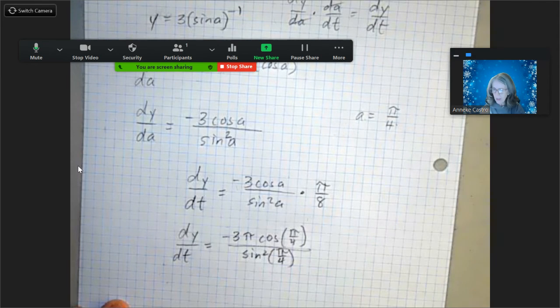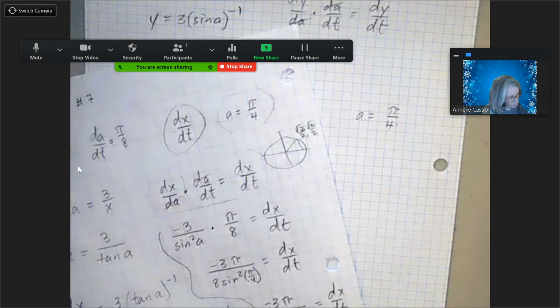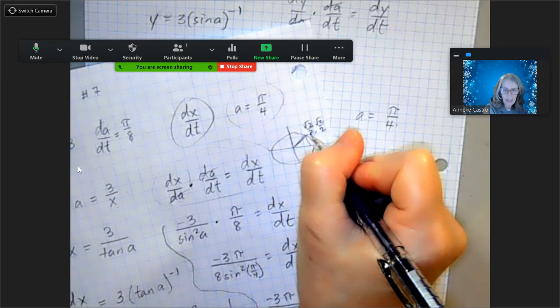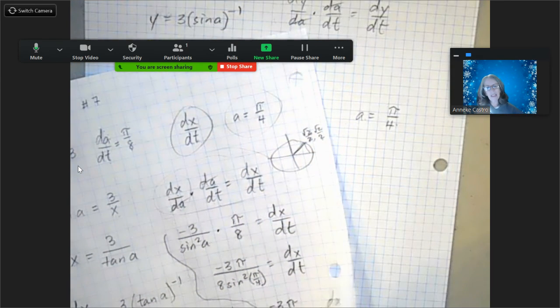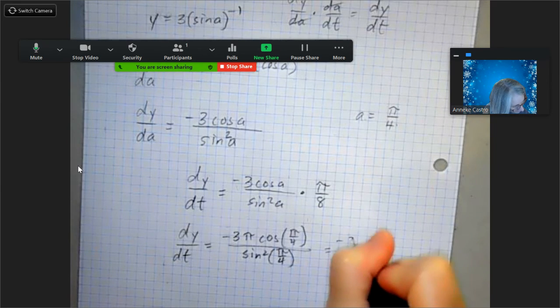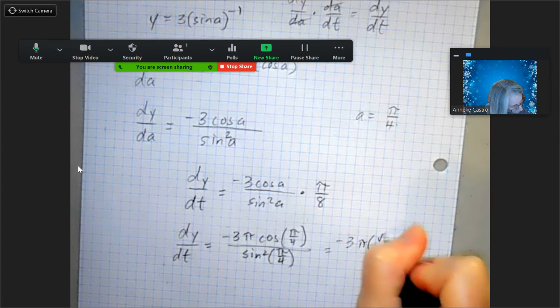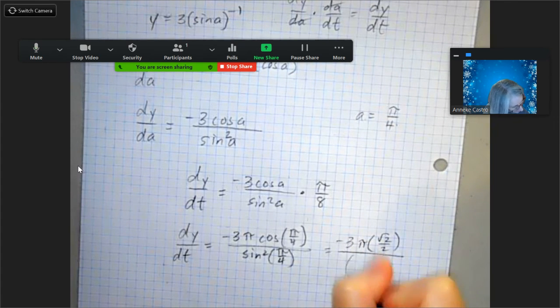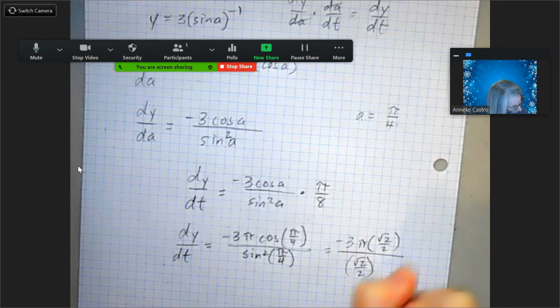Because remember from our unit circle, the coordinates at pi over 4 are root 2 over 2 for both the x and the y coordinates. So both cosine and sine are root 2 over 2. So I'm going to have negative 3 pi times root 2 over 2, and then in the denominator, it's going to be root 2 over 2 squared.